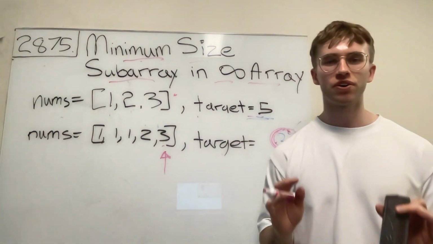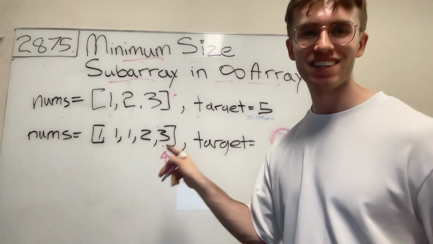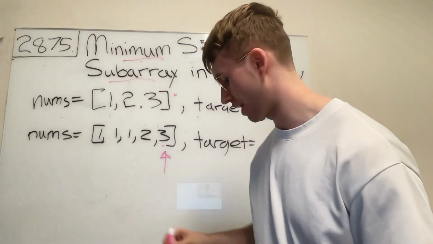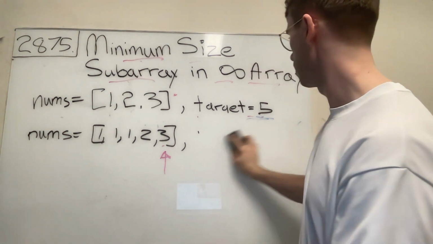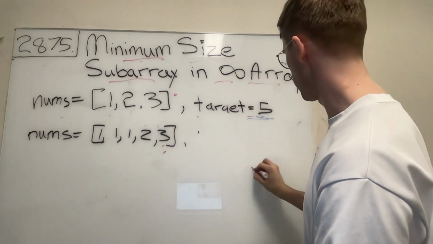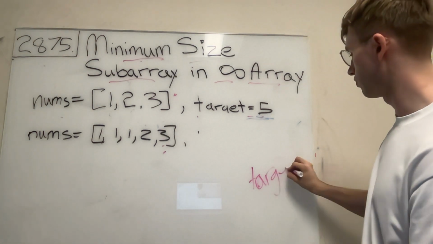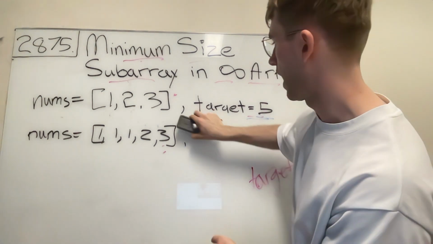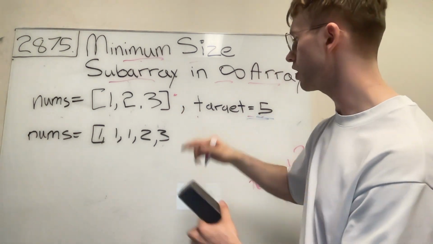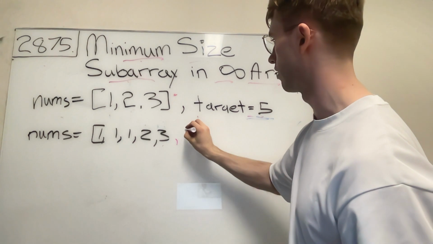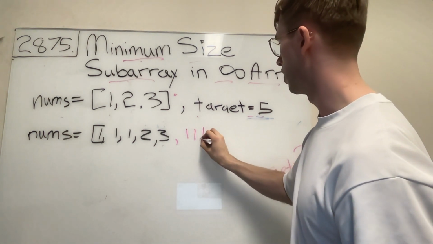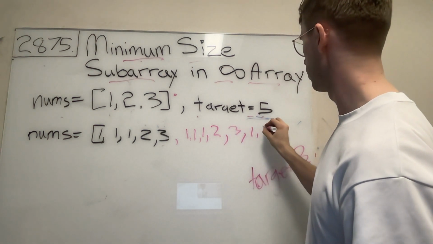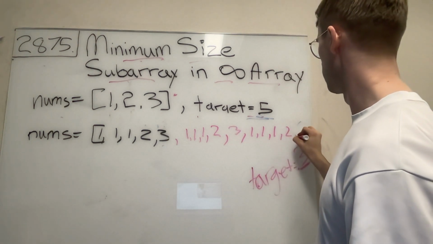However, what we're going to imagine here is something like this, and this is the true magic of it. We saw that we have the input array, and I'm going to erase this all, but we're still trying to get a target of 3. What we have here is that this array expands infinitely, so we have 1, 1, 1, 2, 3, then we have 1, 1, 1, 2, 3.